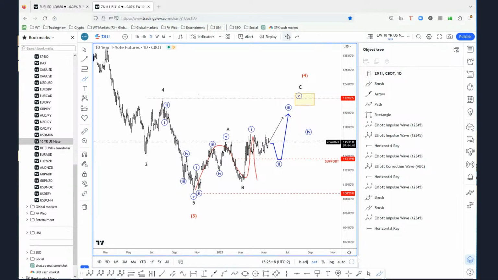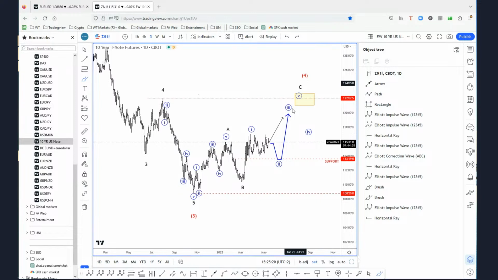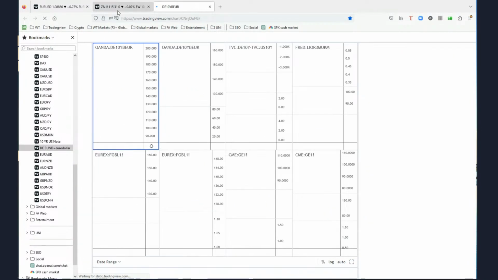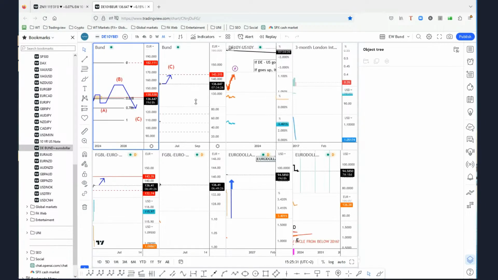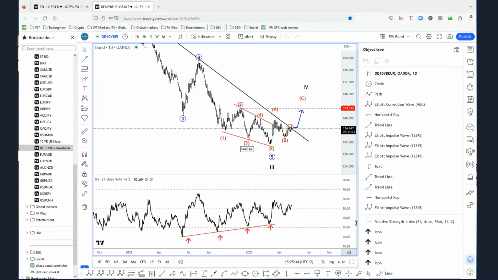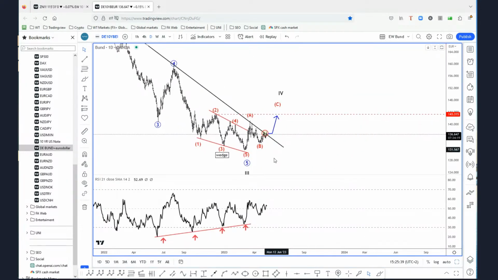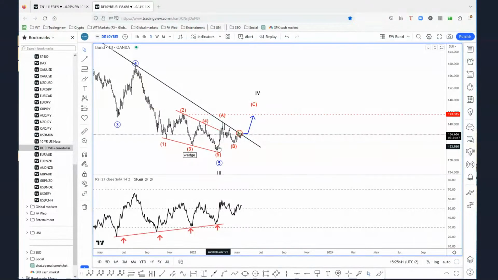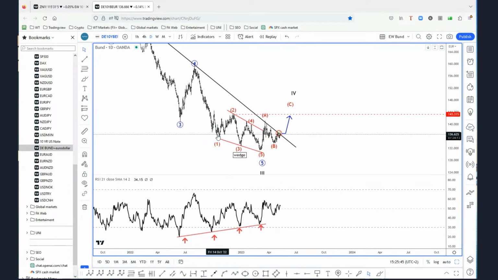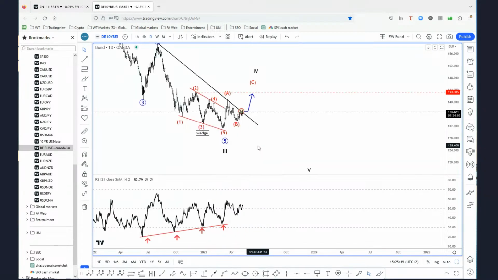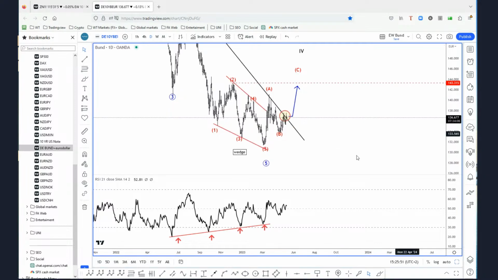So this consolidation shows me that it's just a pause before the market will see another shot up. So I'm thinking that this wave C could resume to even higher prices, and as you know, bond markets globally are connected. So even if you look at the 10-year US notes, you can see here a very similar situation, not exactly the same obviously, but it also looks like the bottom has formed with this wedge formation, and now we are testing this major trend line resistance, which in my opinion should be broken.